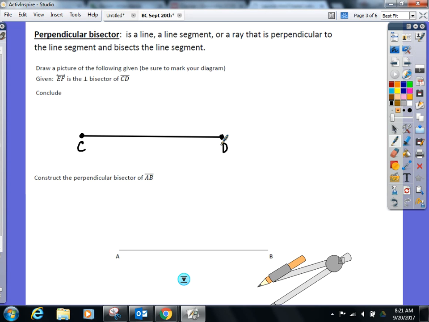Some of you are stopping at CD, but I asked for line EF. There should be arrows on everything you're drawing right now on EF. Don't put F right on CD. It's got to be a line that goes through it.